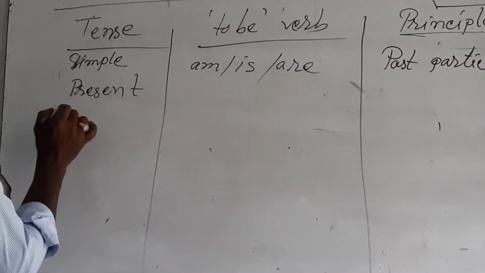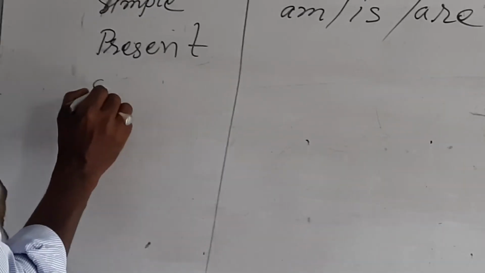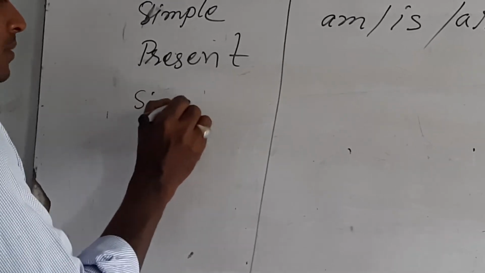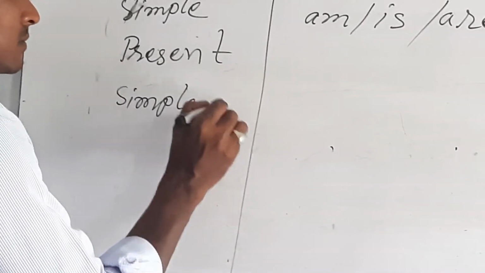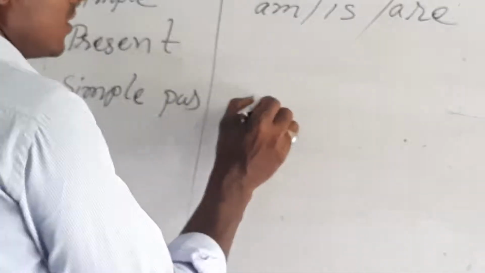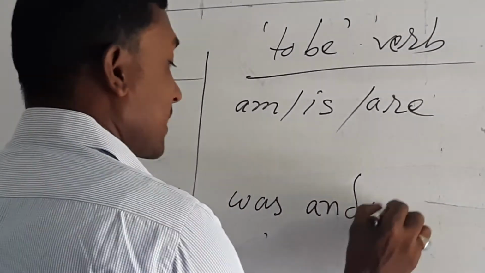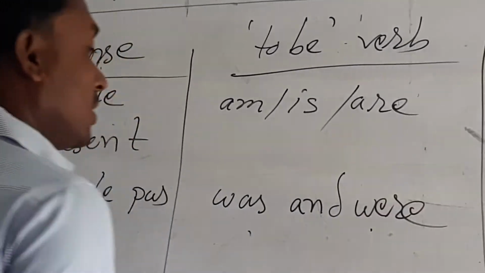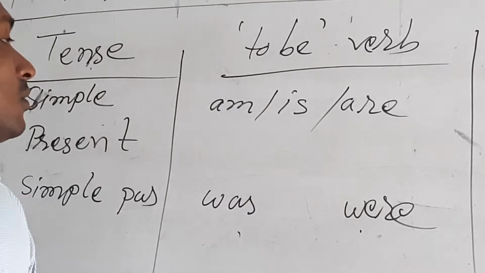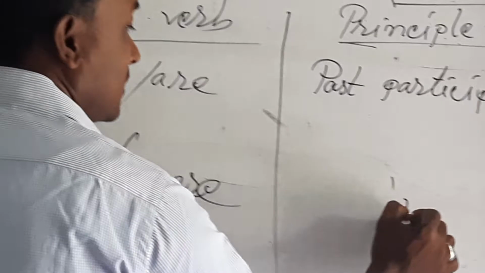So at the time of changing the simple past form of verb, in passive voice we will take the to be verb was or were according to the subject, and the principal verb will take the form of past participle.